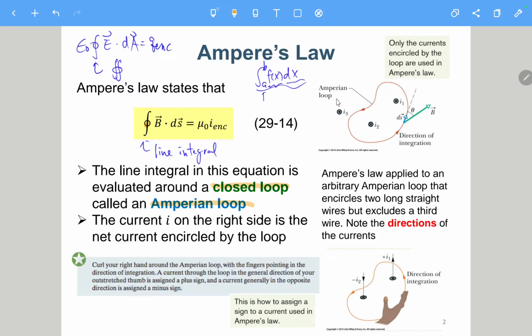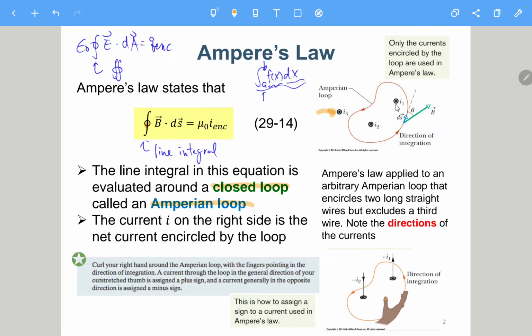In this figure, there are three currents, I1, I2, I3. You imagine each current goes from negative infinity to infinity. A dot indicates a current going out of the page, and a cross means the current is going into the page.